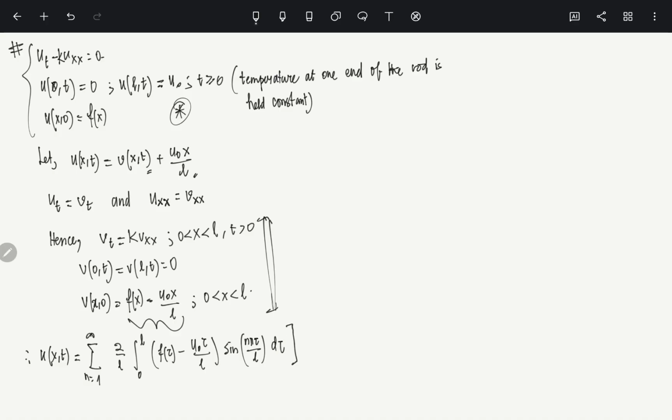This part is the Fourier part, remember, and then the exponential part does not change: e to the minus n pi by L whole squared times k t. And then the x part is there, sine of n pi x by L. Plus this additional term, u naught x by L. So this is your solution. Is this okay? This is how you solve it, so it is very easy.